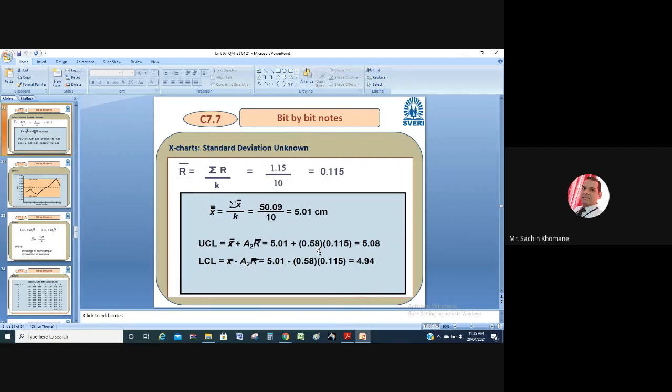Quite easy. So just by judgment also you can make the addition. Yes, 5.08 something. And for LCL, it is 4.94.